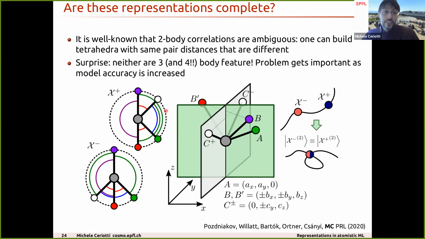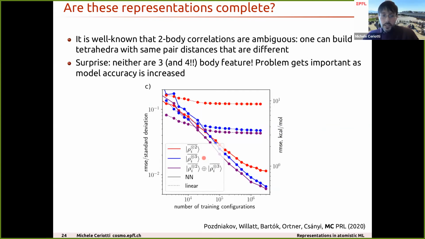Basically, you can find pairs of structures that have the same set of distances and angles, which means that they cannot be discriminated by representations that use distances and angles. And we found also representations that are degenerate when you use the four-body descriptors.